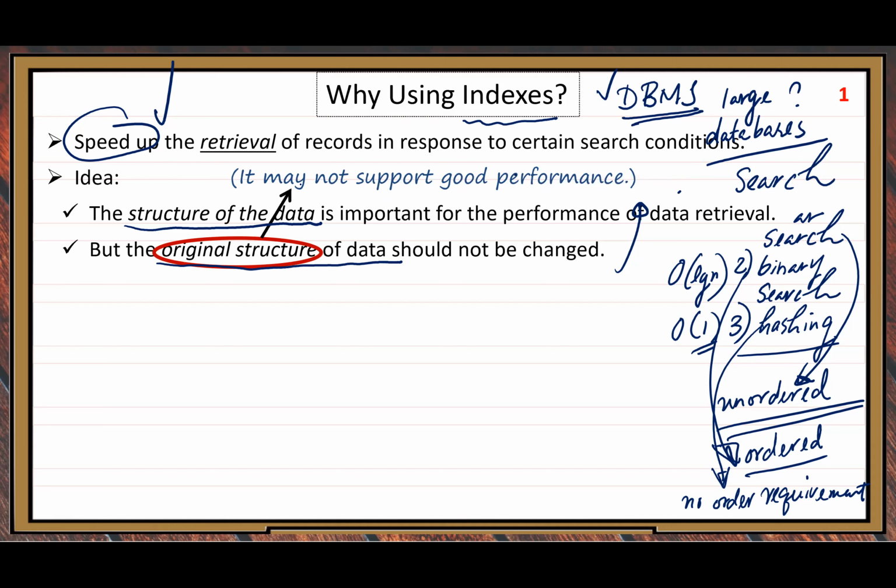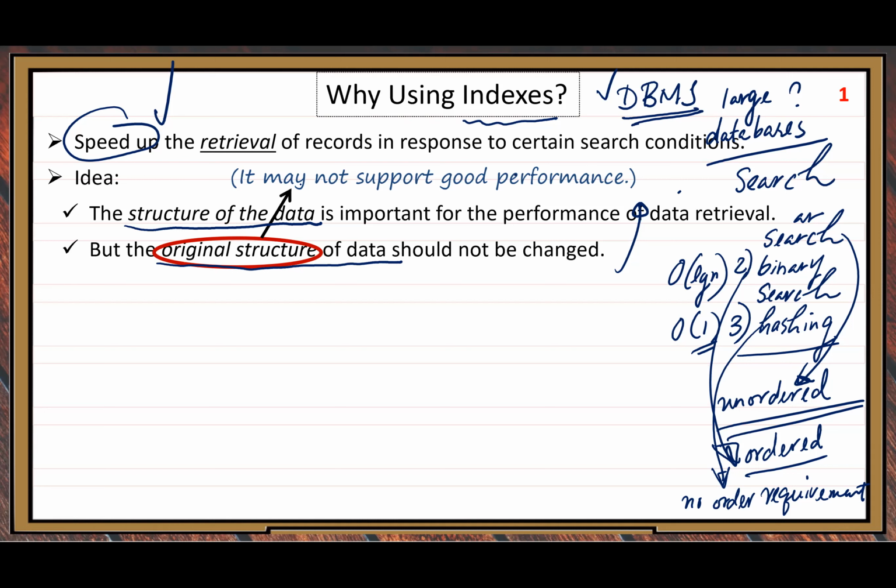Because here, the original structure may not be friendly for faster search. Why? Think about your original data, the data may not be sorted, unordered. That means if you apply search operation, you cannot apply binary search.